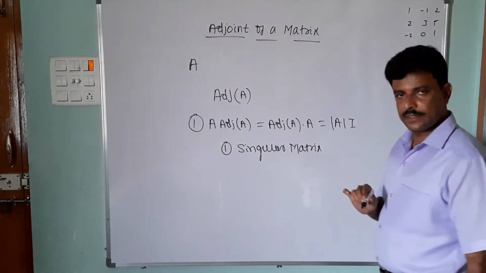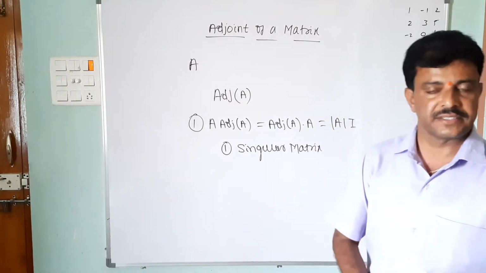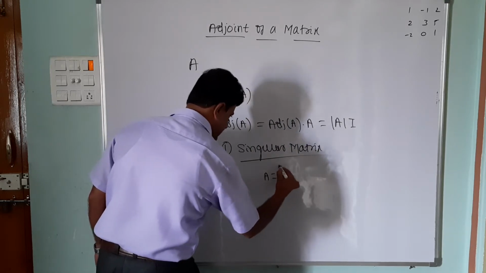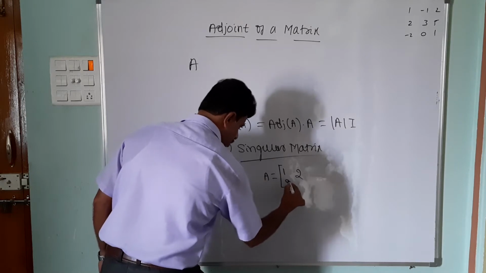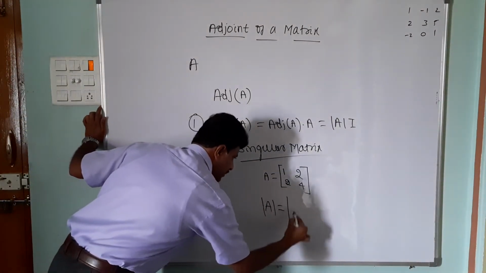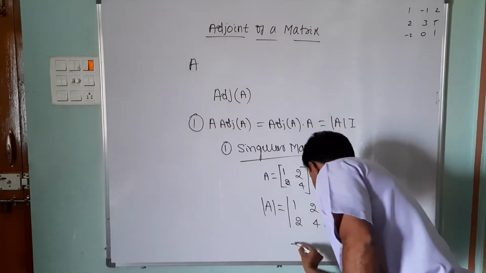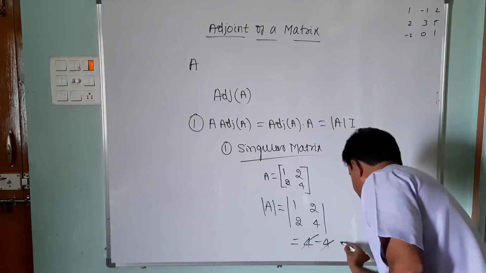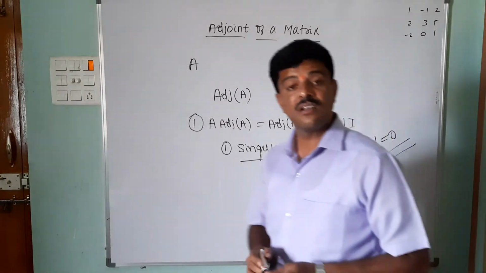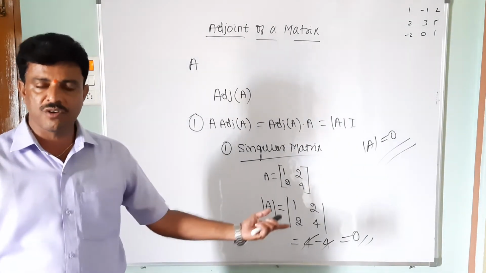What is meant by a singular matrix? A matrix whose determinant of A is equal to 0 is called a singular matrix. Let us take one example: A is the matrix 1 2 2 4. Determinant of A is 1 into 4 is 4, minus 2 into 2 is 4, so 4 minus 4 is 0. The determinant value is 0, so it is called a singular matrix. So, define singular matrix: A is a square matrix, and if determinant of A is equal to 0, it is called a singular matrix.